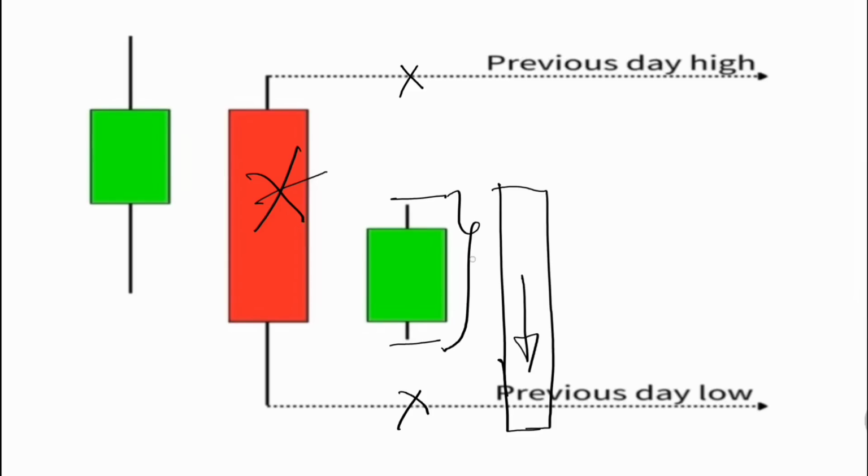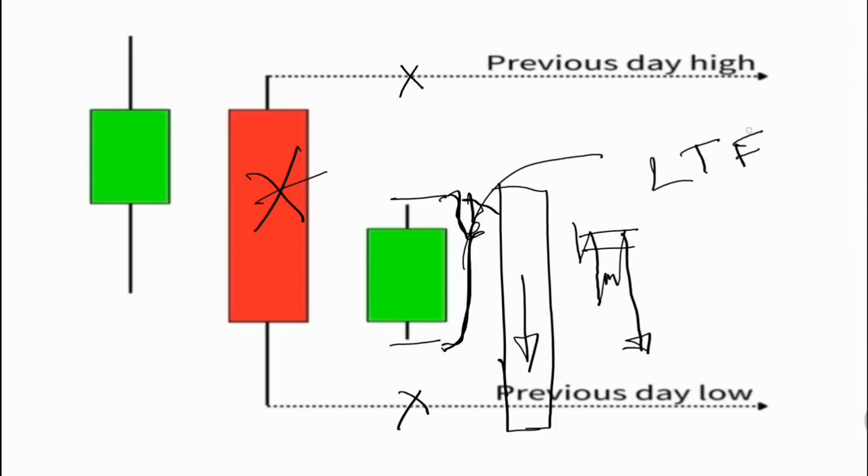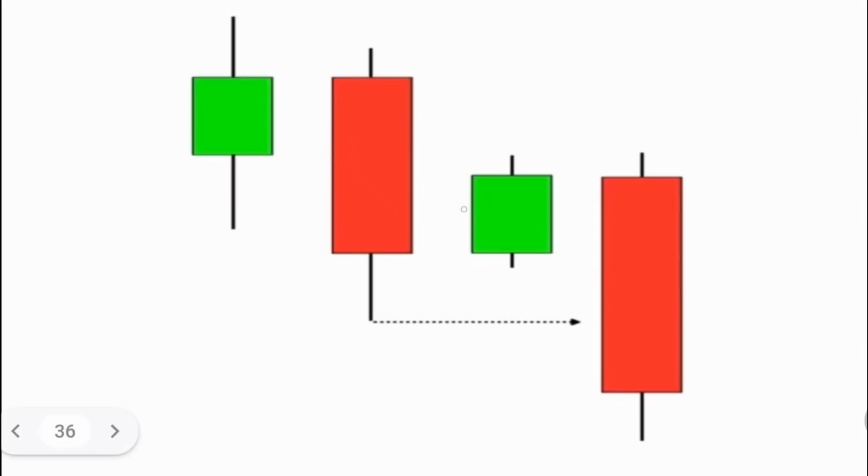I'll be looking for a supply zone within the confines of this immediate previous day's candle. I'm going to trade from within the previous day's candle range on a lower time frame. I hope that is clear. So this is where I'm getting my entry from.